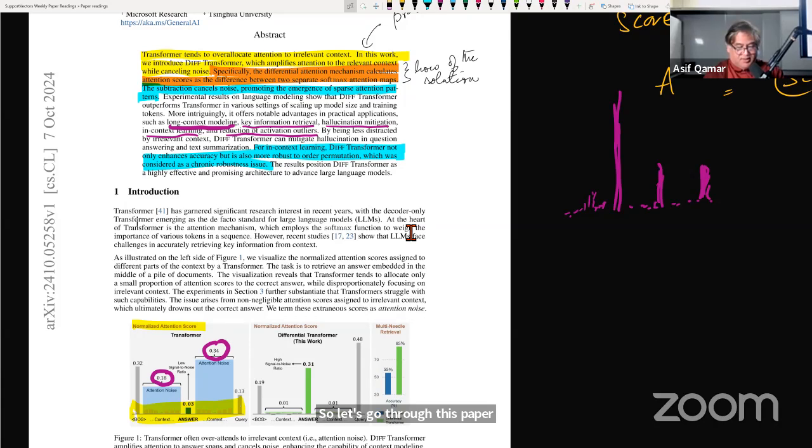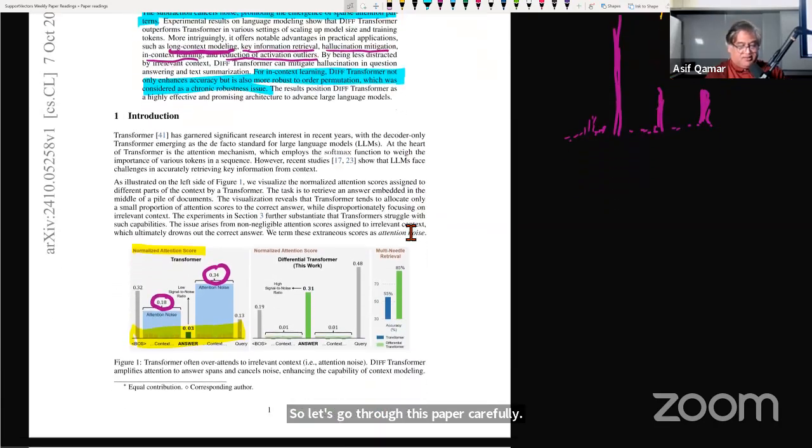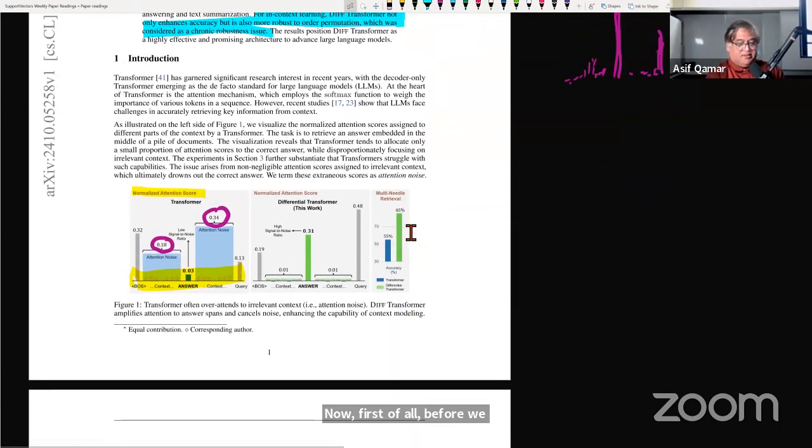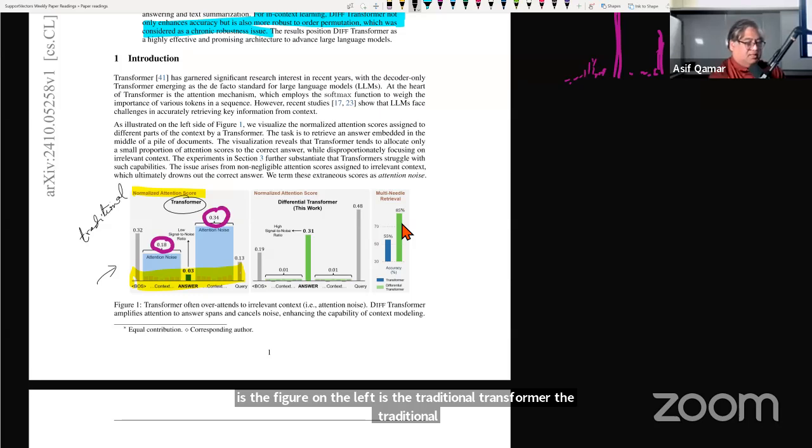Now, first of all, before we understand how it does it, let's look at the results, because this Figure 1 speaks for itself. The figure on the left is the traditional transformer, the traditional attention head.